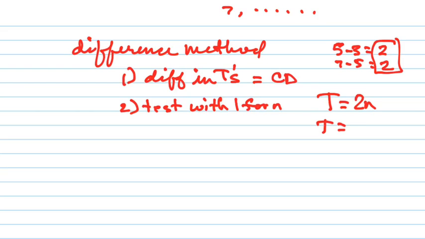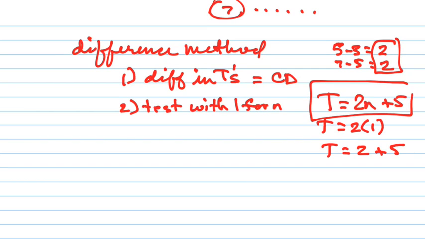Plugging in 1 there, 2 times 1 gives you 2. Is 2 what I wanted? Nope, I wanted a 7. What do you have to do to a 2 to get it to be a 7? Add 5. So that means my pattern should be 2n plus 5. Very simple process, but make sure you know it.